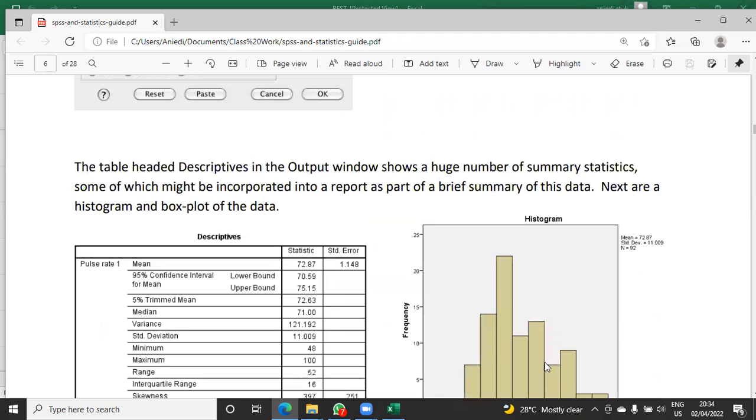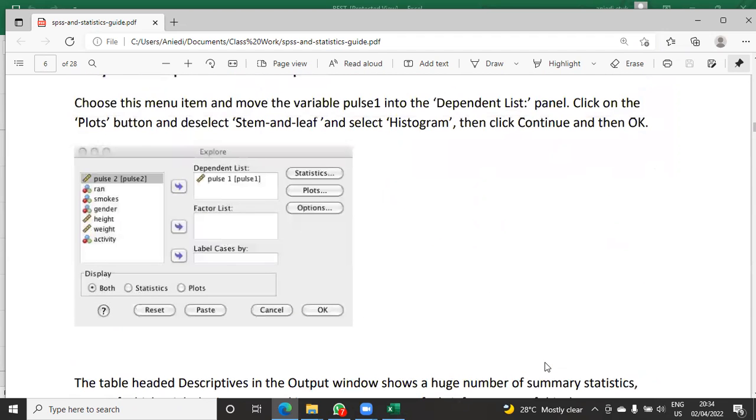All right. Now, this is another set of data. I think this data has to do with pulse, which is the dependent variable.